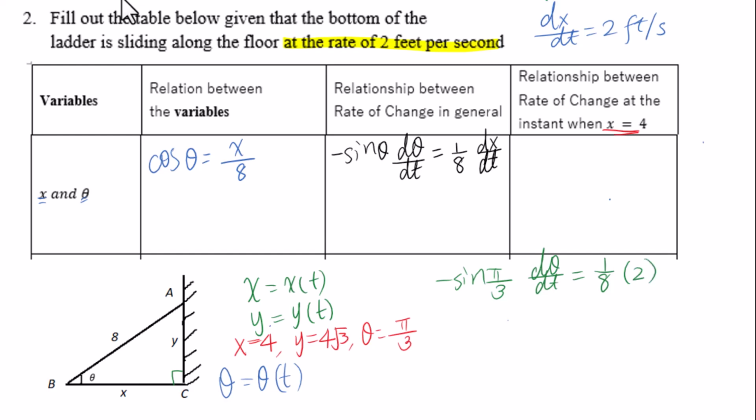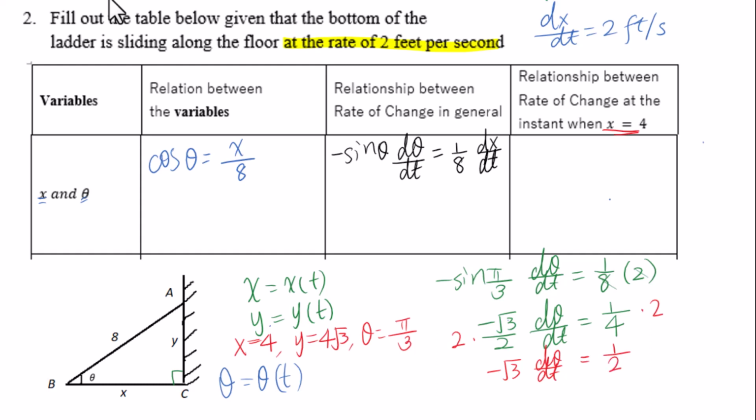Sine pi over 3 is square root of 3 over 2, so negative square root of 3 over 2 d theta by dt equals 1 over 4. Then multiply by 2 both sides. Negative square root of 3 d theta by dt equals 1 over 2.